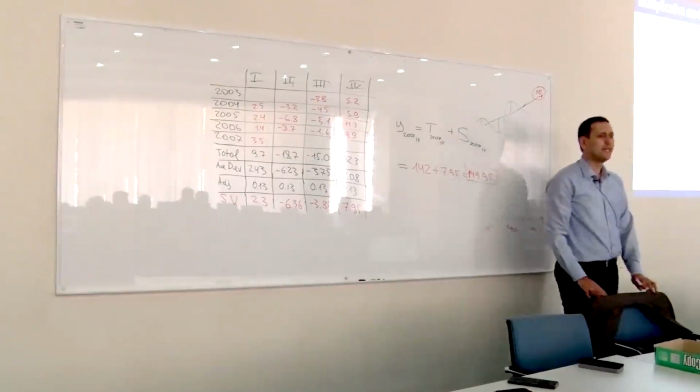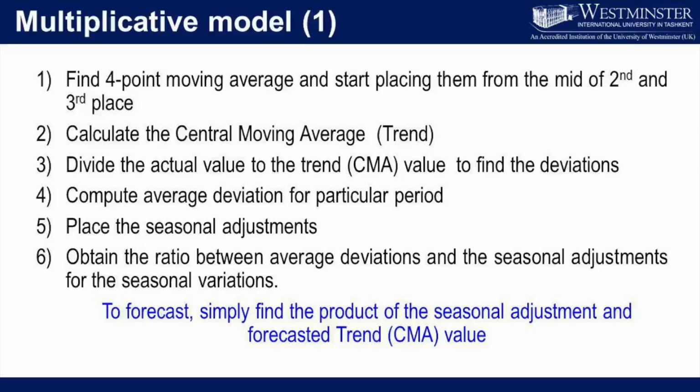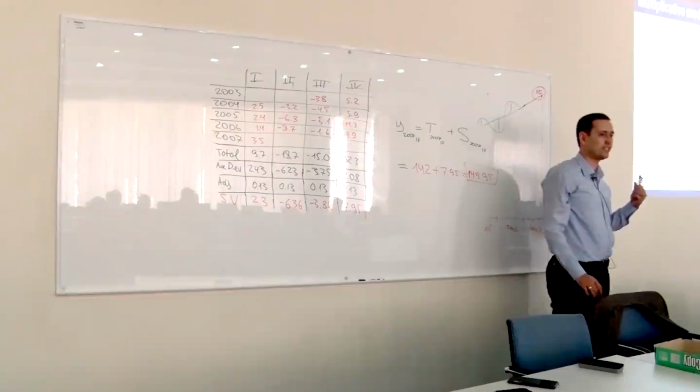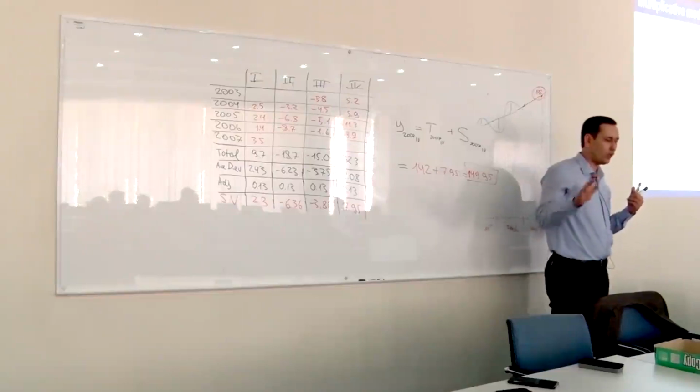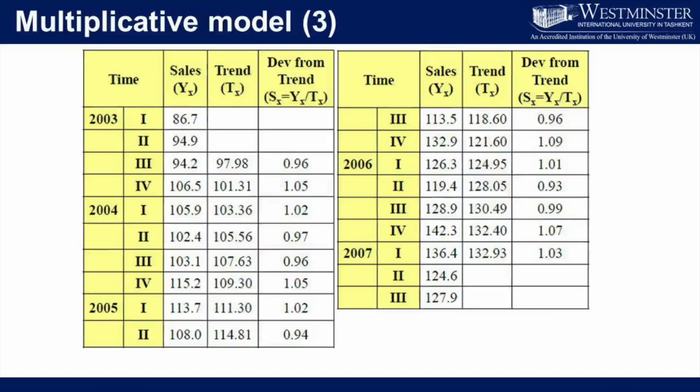Which is completely the same. Okay, it's the same. You use the 4-point moving average. You find the 4-point moving average the same way. You find the CMA the same way. And to find the deviation from trend, instead of subtracting, you divide.